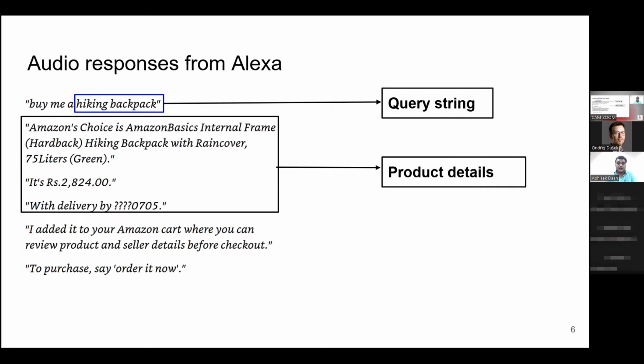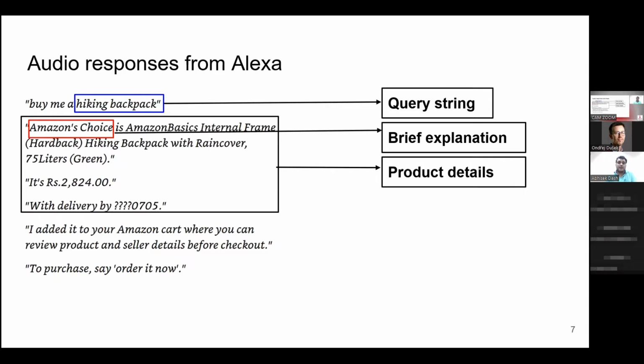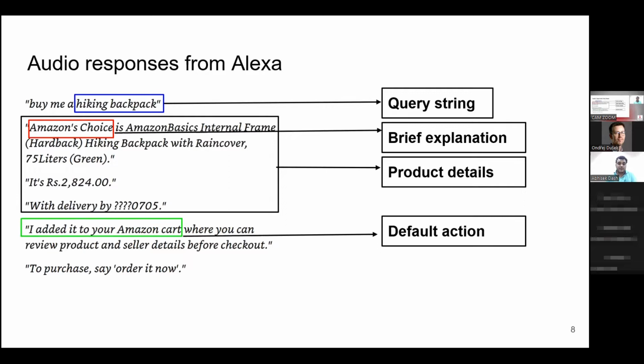The product detail includes title, price, delivery date, etc. The highlighted red box is a brief explanation that Alexa is providing, which is in this case, Amazon's choice. There are several other explanations that it provides. For more details, you can look through the paper. When Alexa says the newly highlighted portion, the default action of adding the product to the customer's cart takes place.